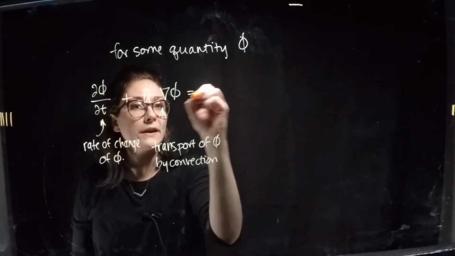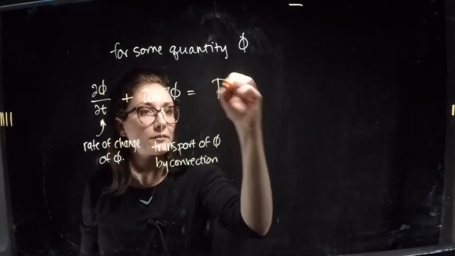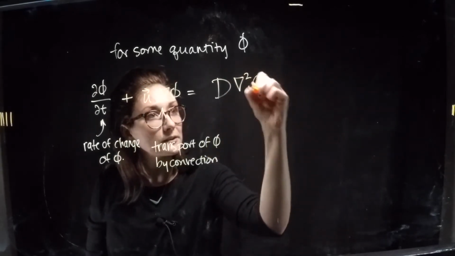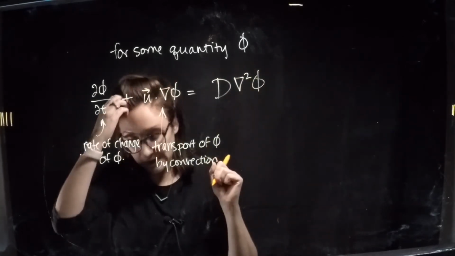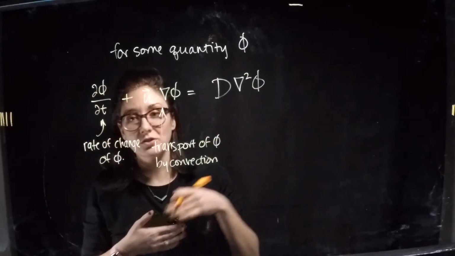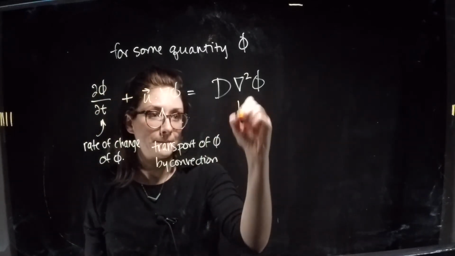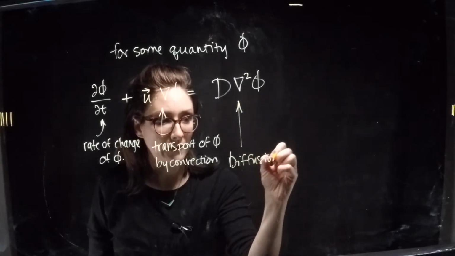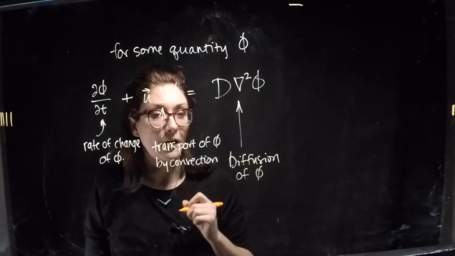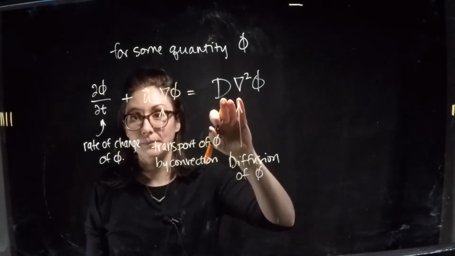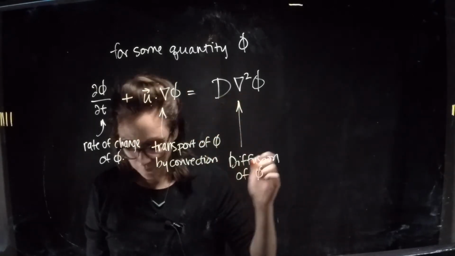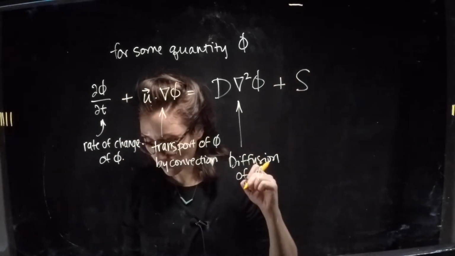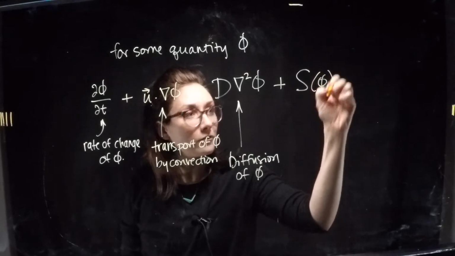On the right-hand side, we are going to have a term that has a coefficient D, and then the Laplacian of phi. And so this is how phi is changing due to diffusion. Here D is our diffusivity, or diffusion coefficient. And then finally, we're going to have some source term of phi.